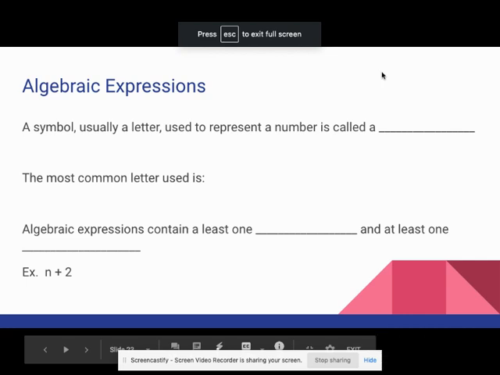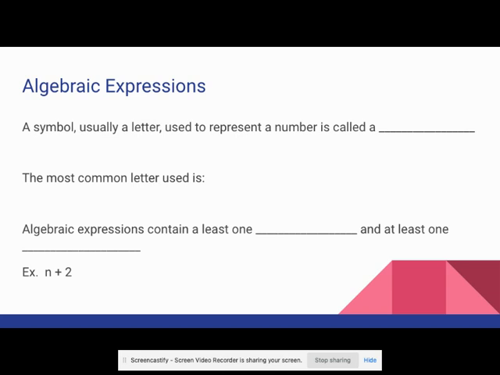After solving numerical expressions, we're going to jump into algebraic expressions. Something we need to know is that a symbol, usually a letter, used to represent a number is called a variable. The most common letter used for algebra is X. But today, you may end up having three variables and be given what number represents them.